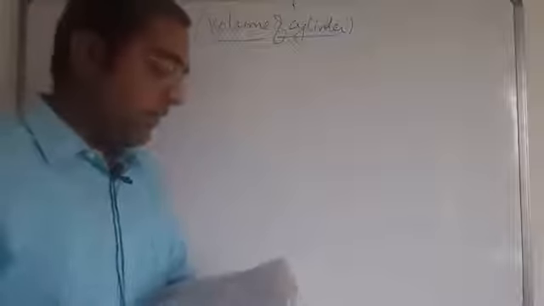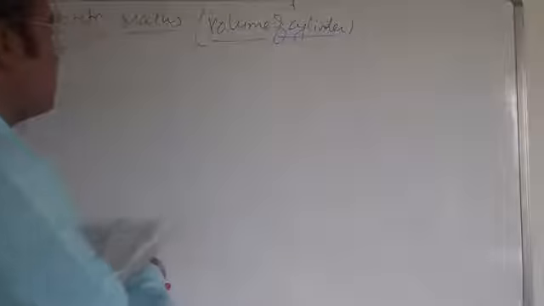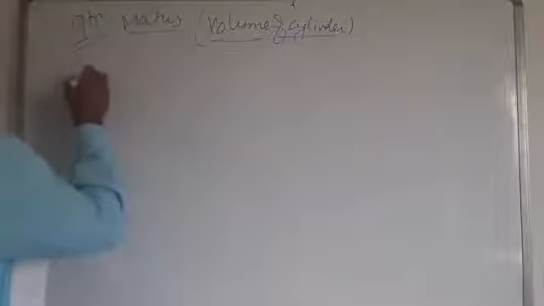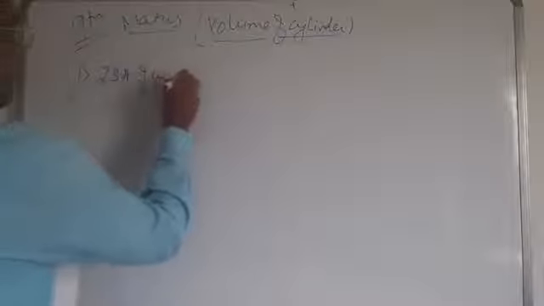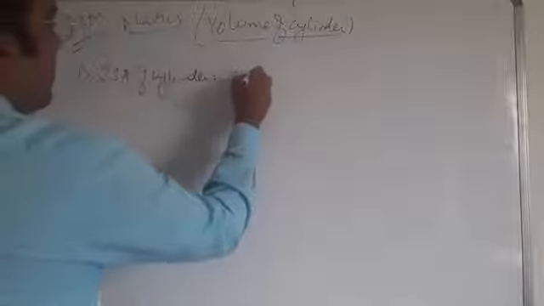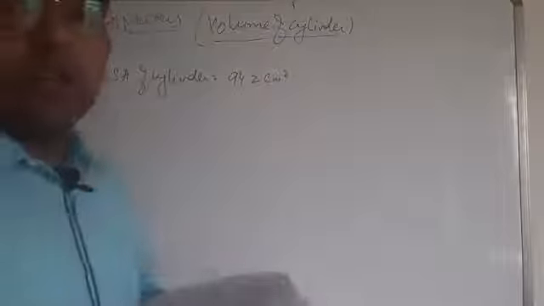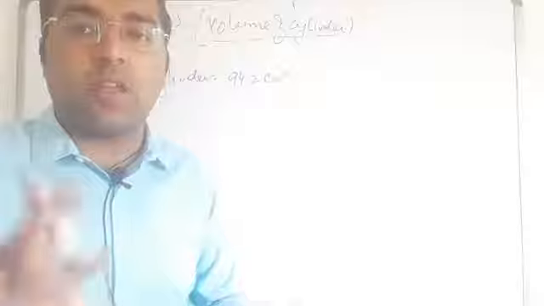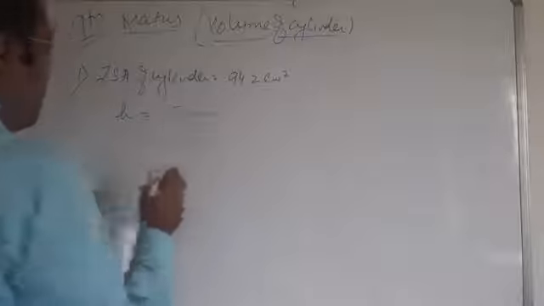The lateral surface area of the cylinder is 94.2 centimeter square, and its height is 5 centimeter, so I take height h equal to 5 centimeter.